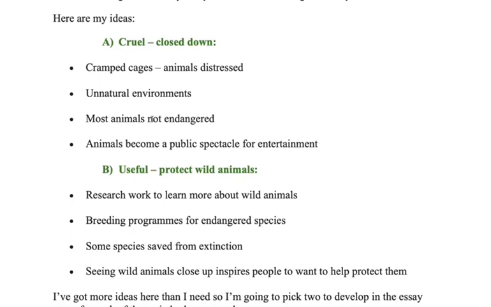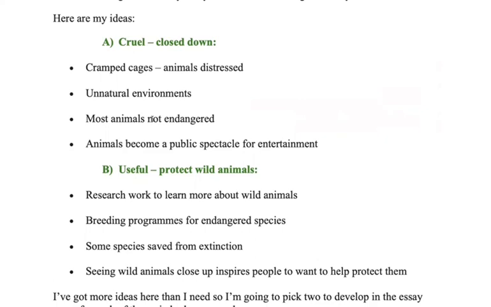So they believe they can save the endangered species of animals, and they can have breeding programs to have more animals and keep them away from extinction.